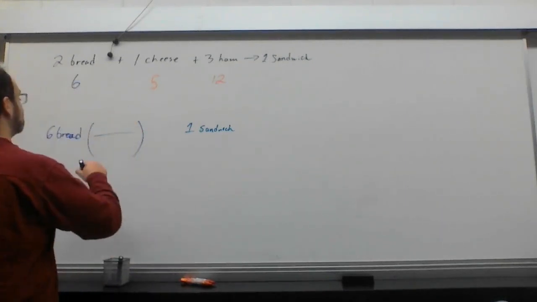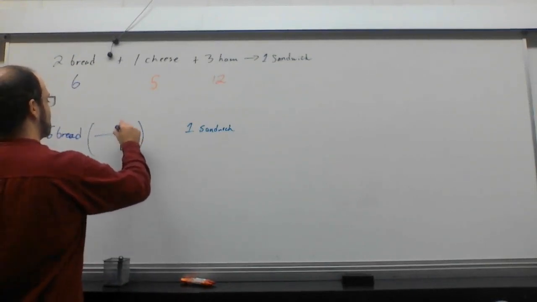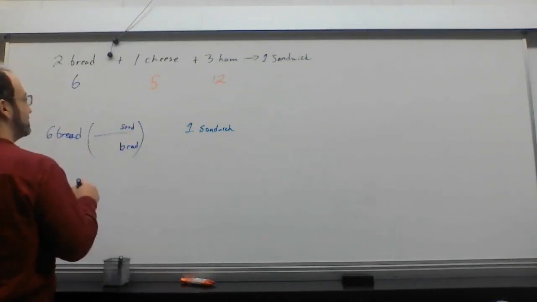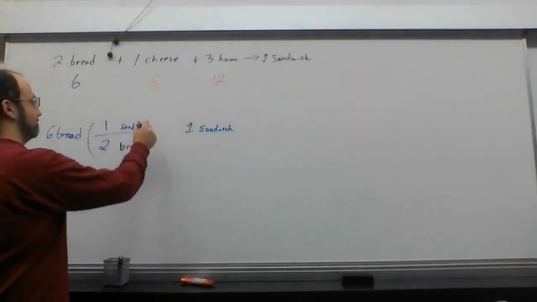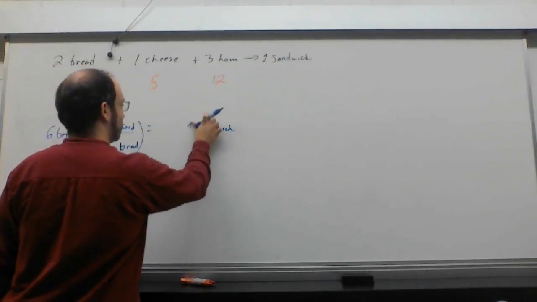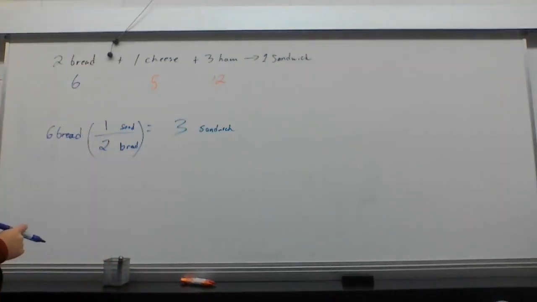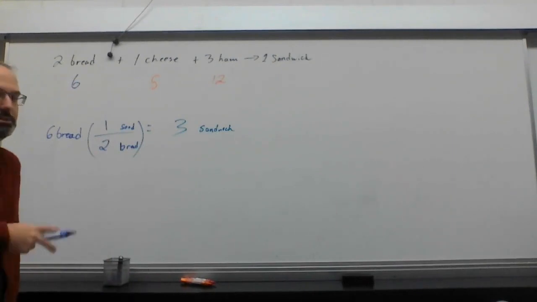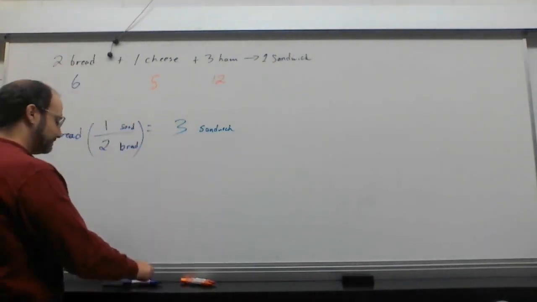So I want to get rid of the bread, and I want to get the sandwiches. The connection between the two is that for every 2 of these, you get 1 of those. So what do we get? We can get 3 sandwiches. Okay, that makes sense. Obviously I didn't really need the conversion matrix, but there's a reason I'm doing this. You'll see in a second.